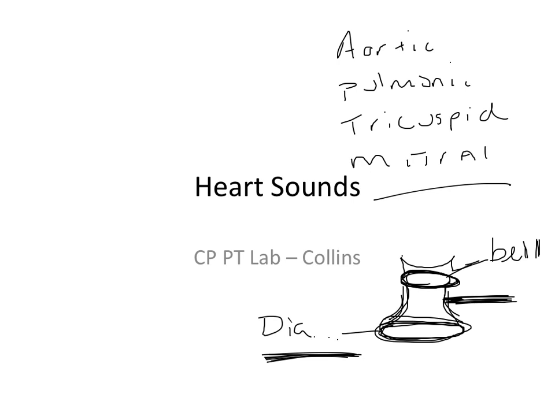One could make the argument that the snapping of the valves for the normal sounds is fine with the diaphragm, and I really wouldn't disagree with that. But if I'm listening to heart sounds, it's because I'm interested in hearing whether there's something abnormal, and if there is, the bell is better to hear that.